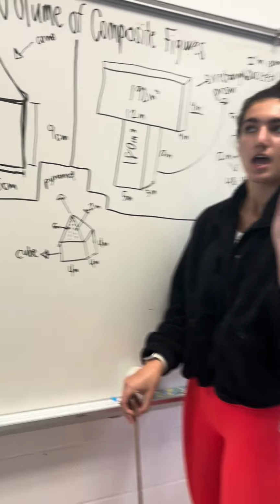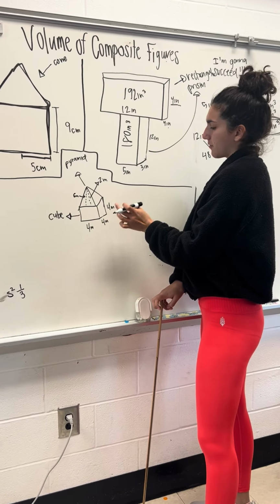So in this case, let's take the cube first. The volume of a cube is sides cubed, because all of our sides are the same value. So we don't need to worry about multiplying length times width times height, because they're all the same. As we see here, our length is 4, our width is 4, and our height is 4.